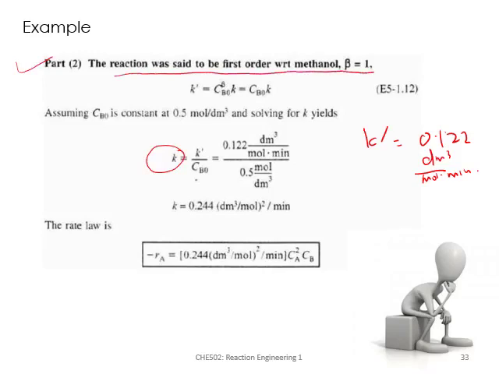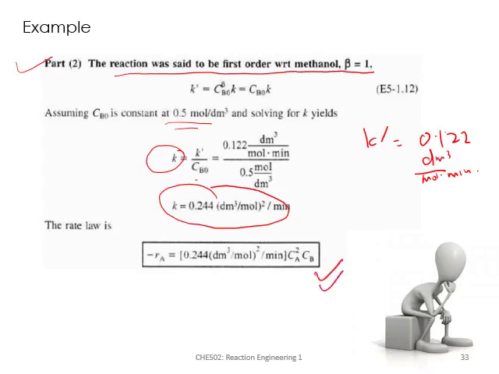So beta is equal to 1. Assuming CB0 is constant, 0.5 mole per decimeter cube, solving for k yields 0.244. So the final answer, you must write the final answer.